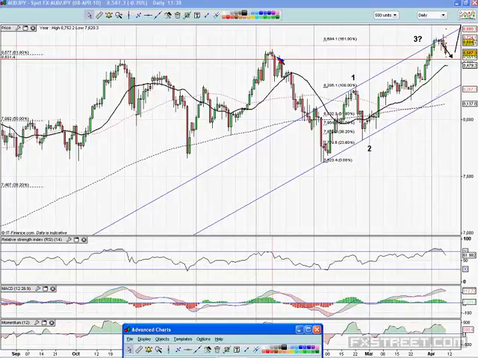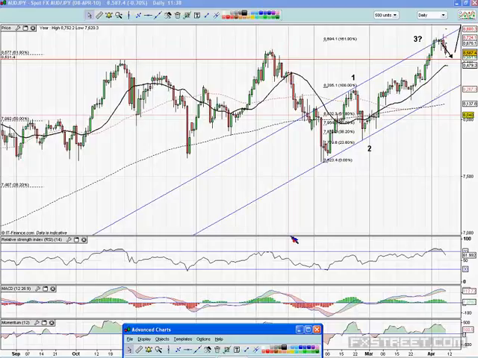Okay, this is where I got my false start. It broke below the 20 SMA. I did write it down, but then I was looking for sell signals because I'd considered this move up to be corrective, and I was wrong.